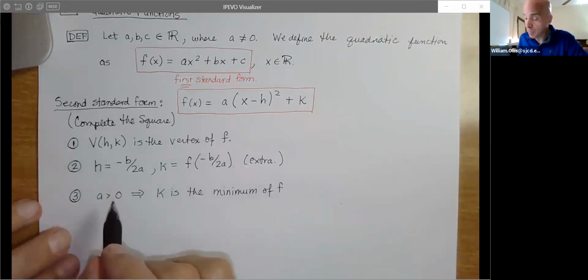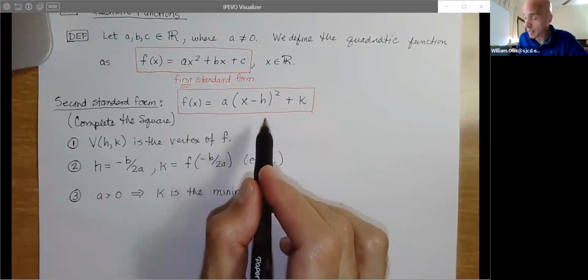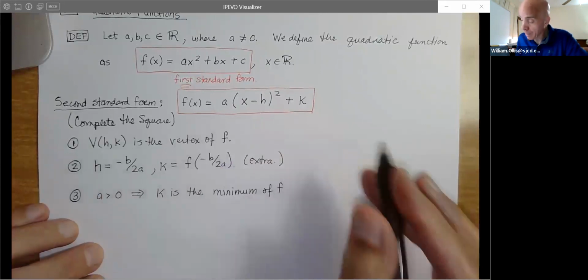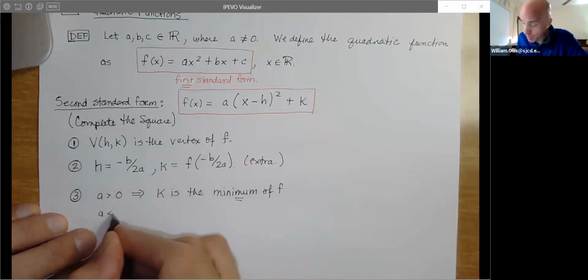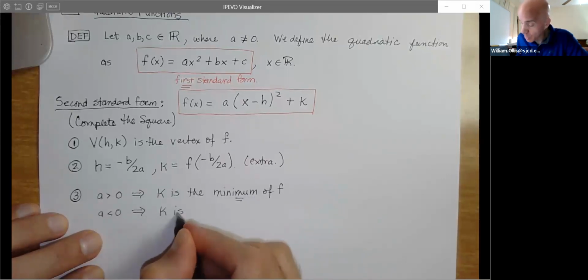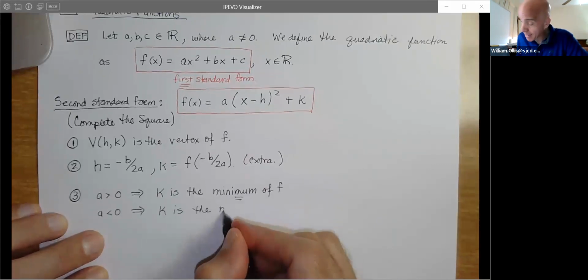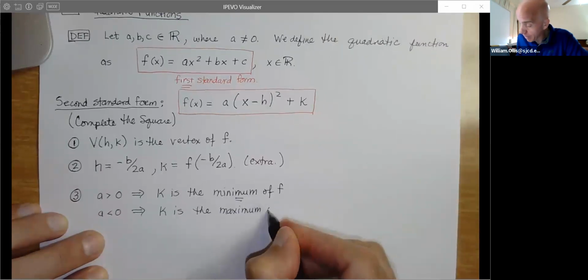So in this case, a positive, as we saw in the last problem, means the graph will open upward. So we get a minimum. A less than 0 implies k is, and when I say the, it is absolute, the maximum of f, as we saw in the last problem.